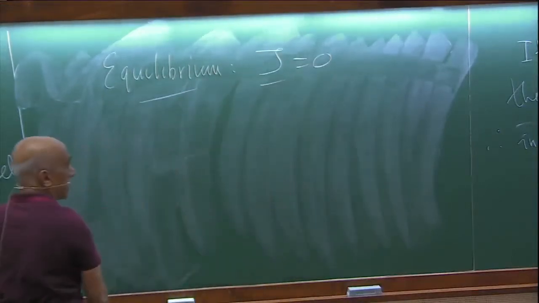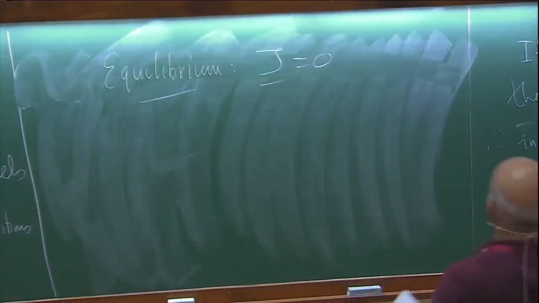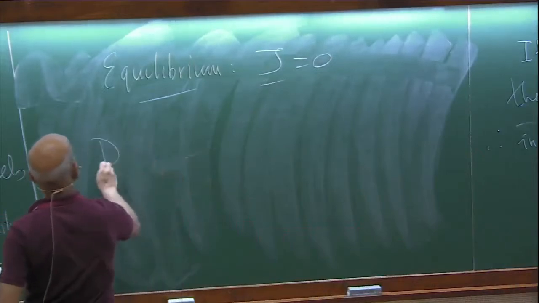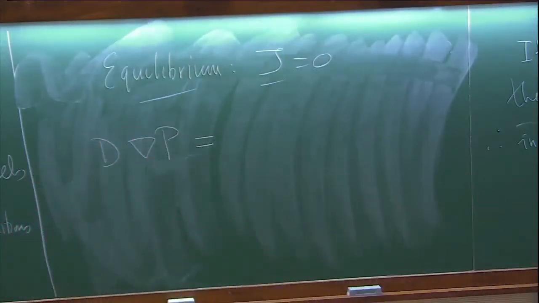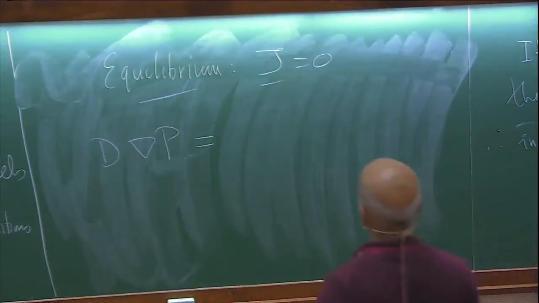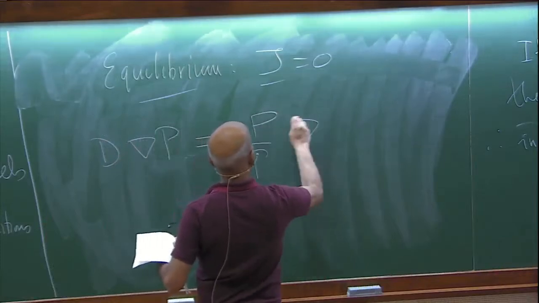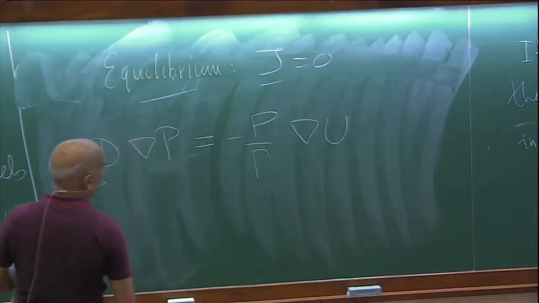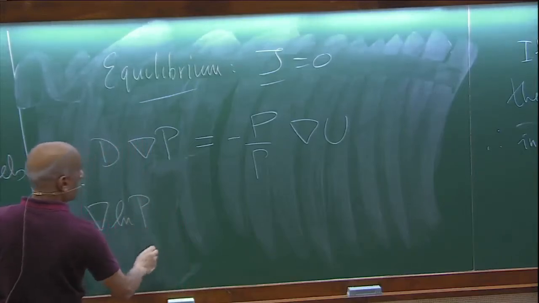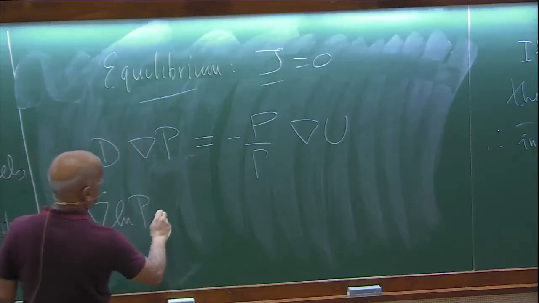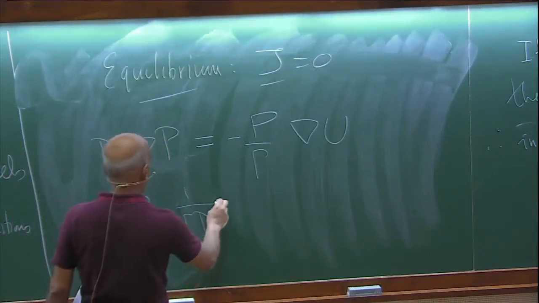And what that means is that grad of log p, let's do this right, plus 1 over gamma D grad u equals 0.